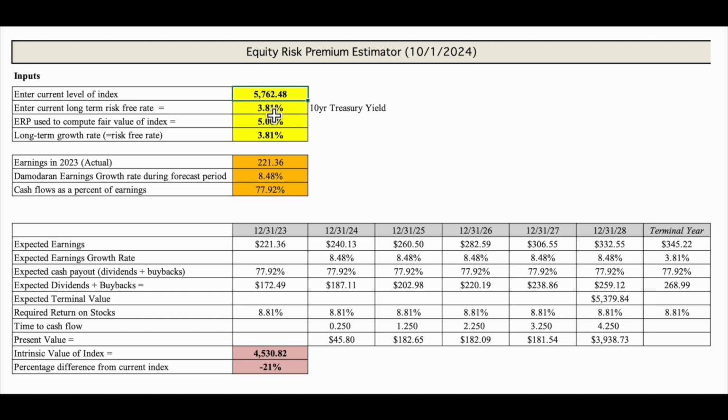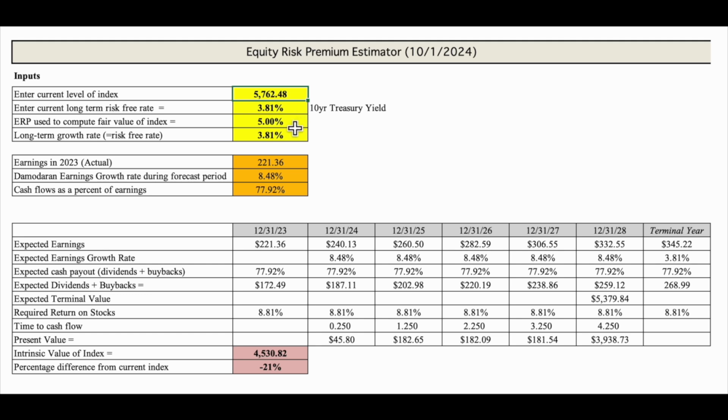As a measure of the risk-free rate, Professor Damodaran and us use the 10-year Treasury rate, perhaps the most followed interest rate in the world. And on October 1st, the 10-year Treasury rate was 3.81%. And that's our estimate of the long-term risk-free rate.